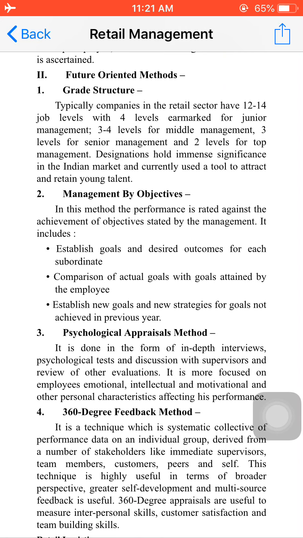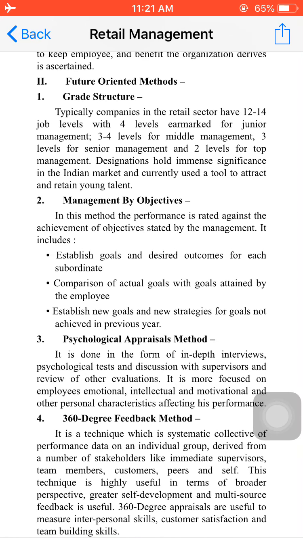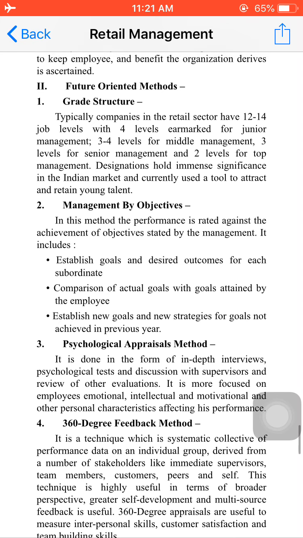In the same manner, in retail management, we look over the various levels of management, we select one out of them and we make them a team leader there. This is called grade structure.